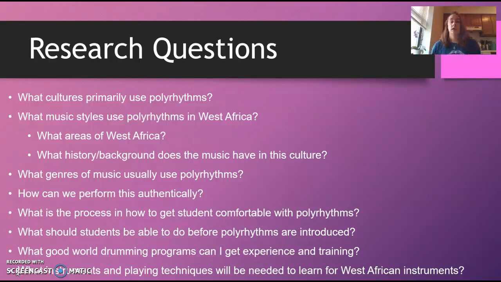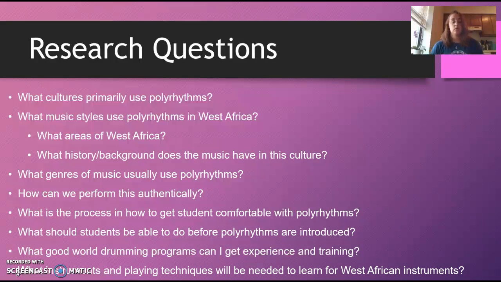This question then helps me lead into what music styles use polyrhythms in West Africa, what parts of their music really incorporate them, and which kind of goes into what parts of West Africa, what groups or cultures of people use polyrhythms.